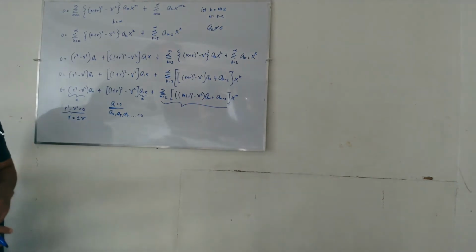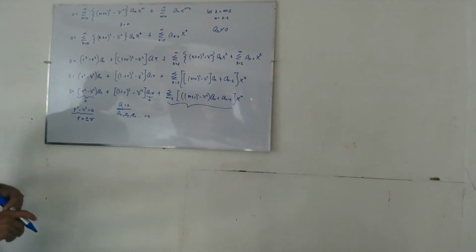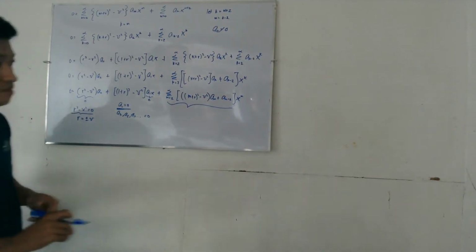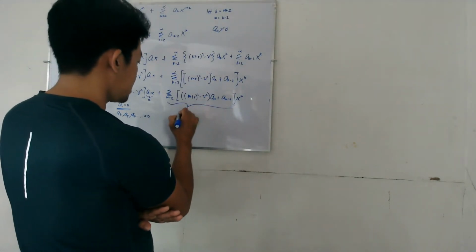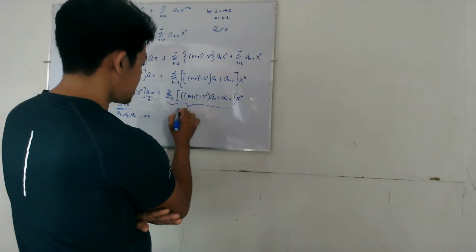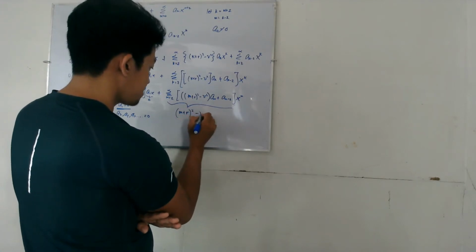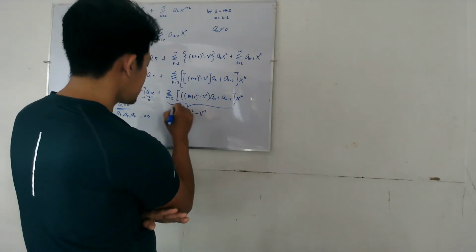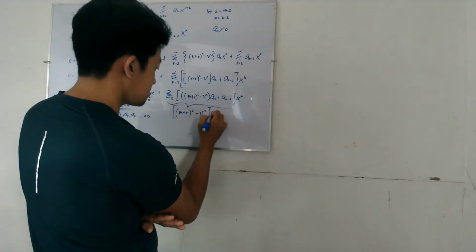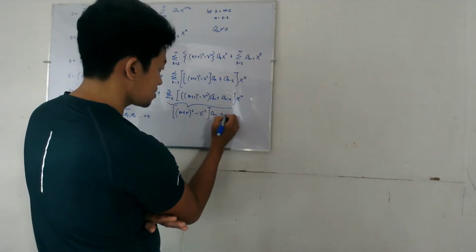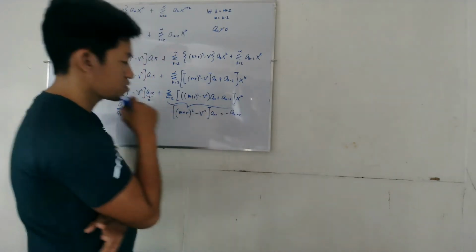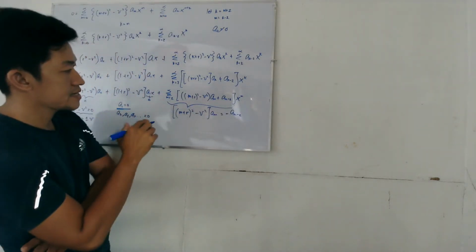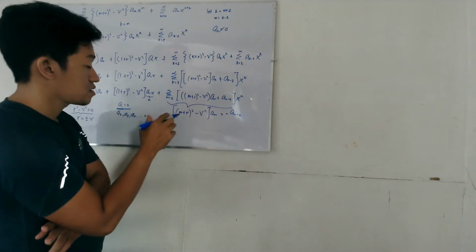So for m, (m plus r) squared minus mu squared, a sub m is equal to negative a sub m minus 2. Okay?